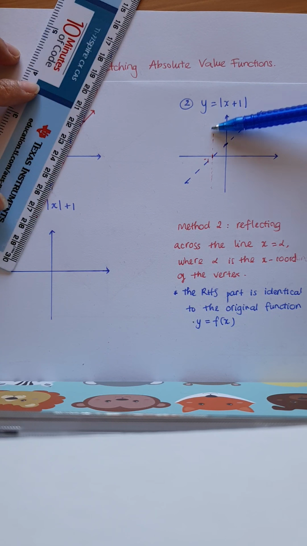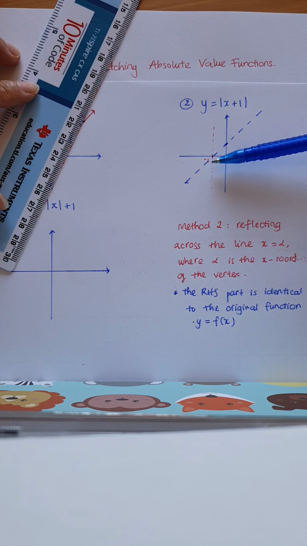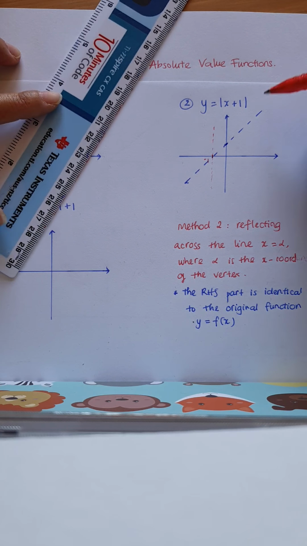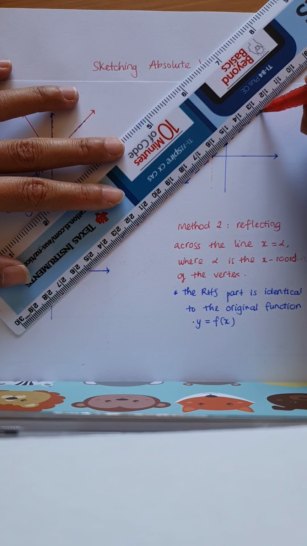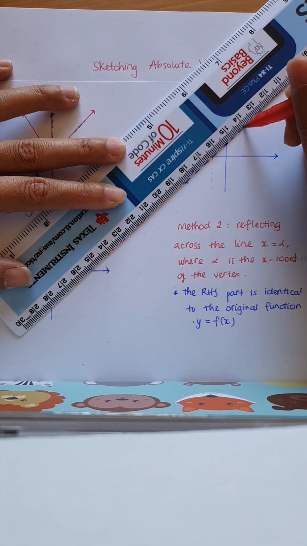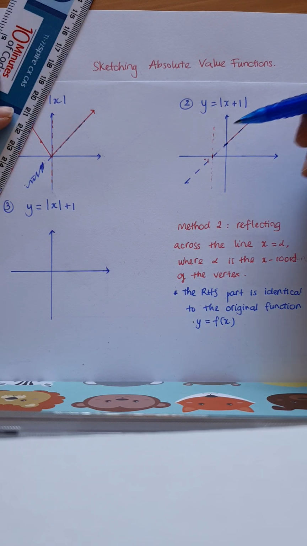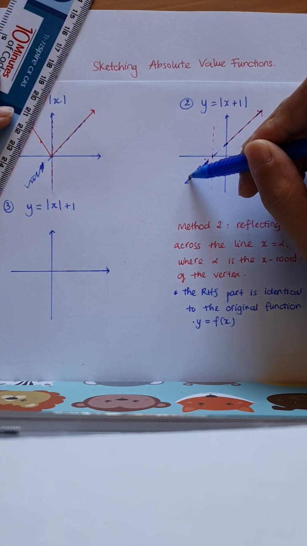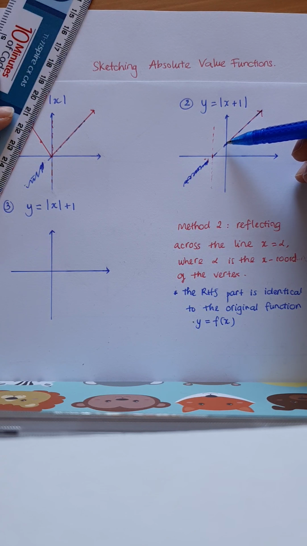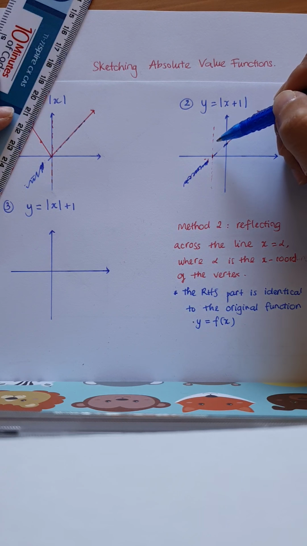Alright, so our mirror line here will split the graph into left hand side and right hand side part. We will keep the right hand side. Okay. We ignore the left hand side now, so this is not needed now, and we will just reflect this line over the mirror line.